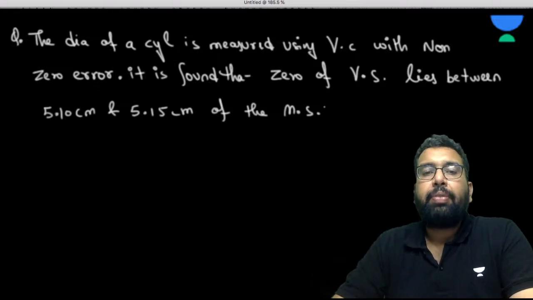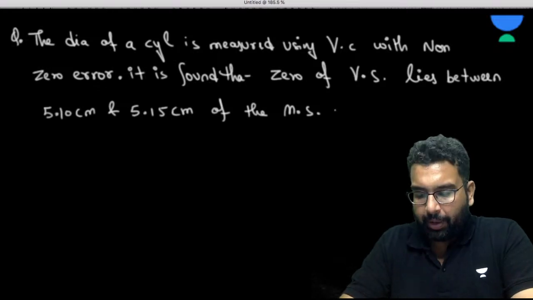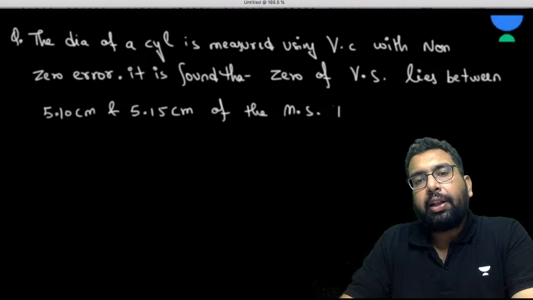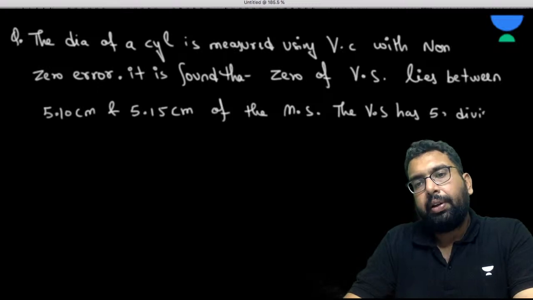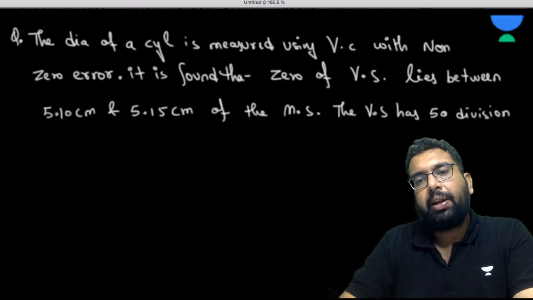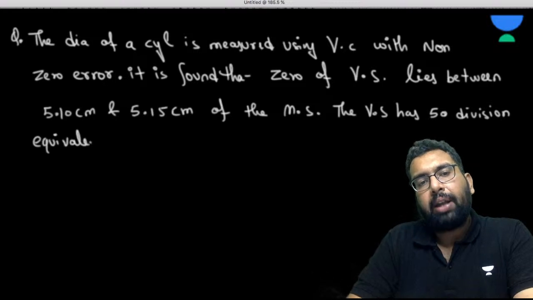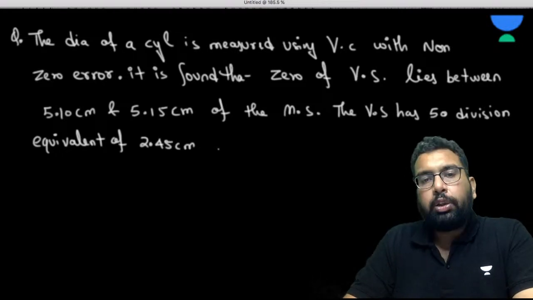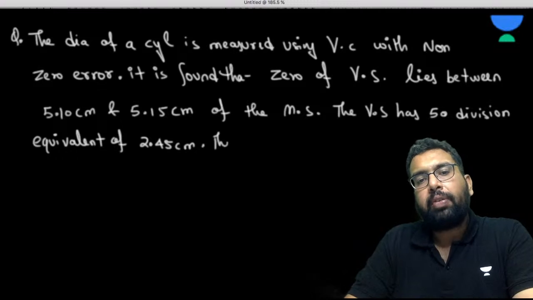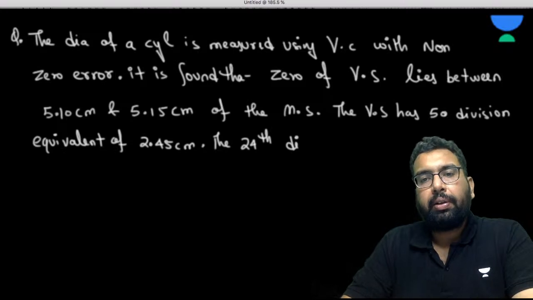Please be very careful while you solve this question. The Vernier scale has 50 divisions equivalent to 2.45 centimeter.